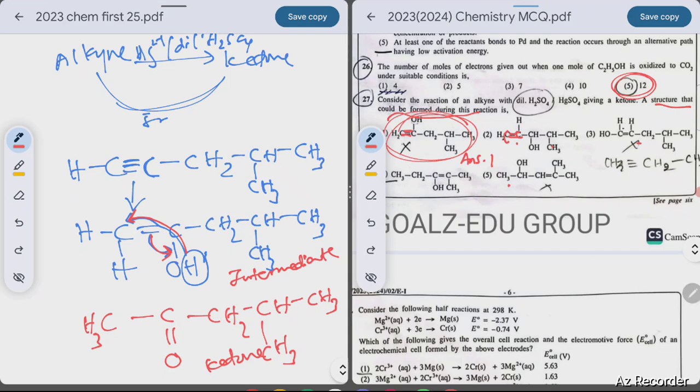Here we can't take it because OH should be bonded to a carbon with less number of hydrogens. So here it has happened in the other way. This should have hydrogen and this should have OH, right? And here it is bonded to a double bonded carbon, right? So what about this?